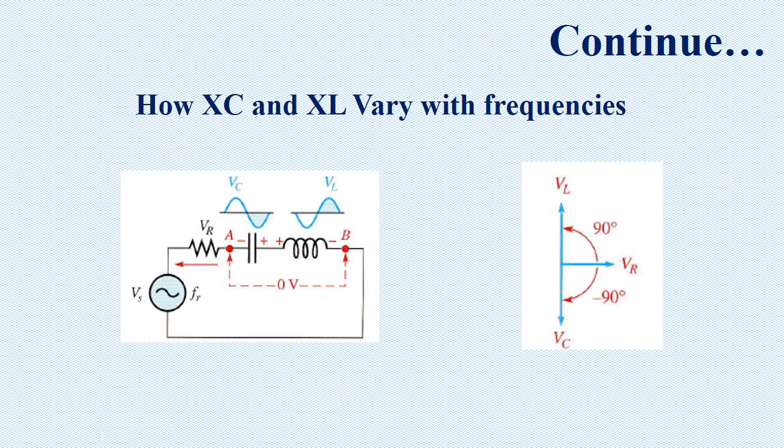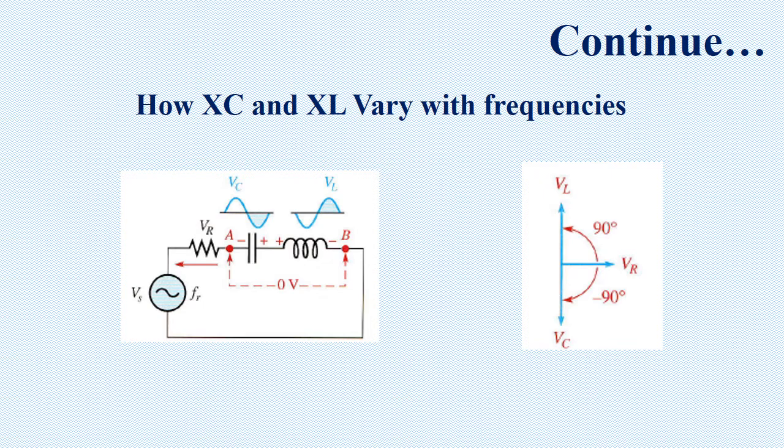So if we analyze the values of XC and XL at varying frequency, at a lower frequency or at frequency 0, XC will equal infinity, as we know that XC equals 1 by 2πfC, and if we put the value of 0 as the frequency, we have XC equals infinity, and XL at that point equals 0.